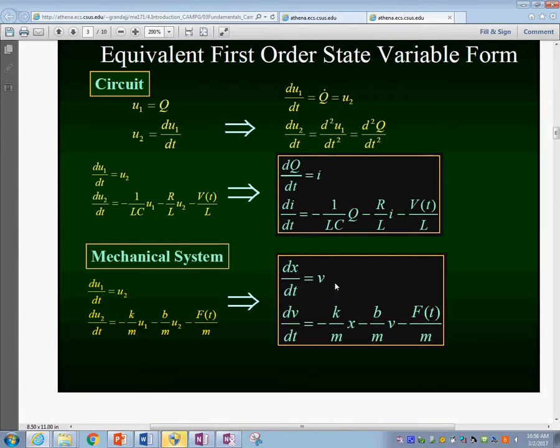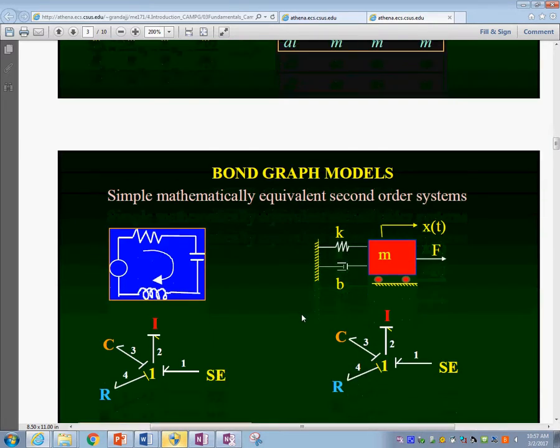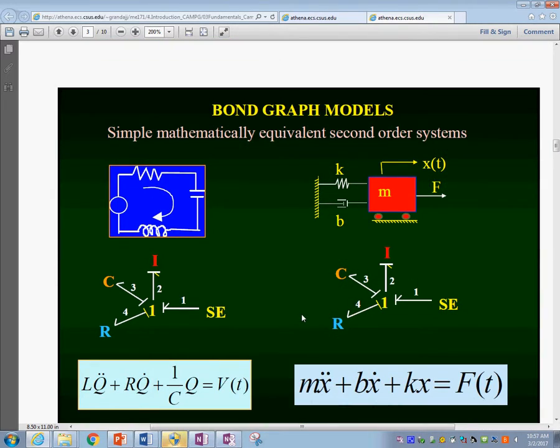It also shows here, if we transform them into two first order equations, you can see that the state variables here are Q and I, and on the second one you have X and V, and both of those are equivalent systems to the second order differential equation.